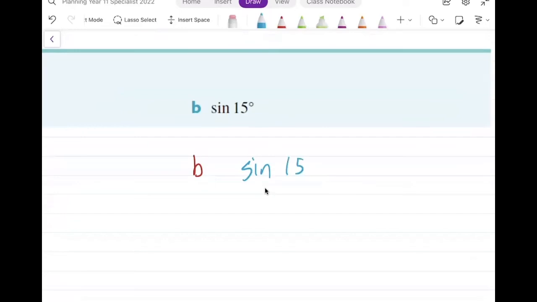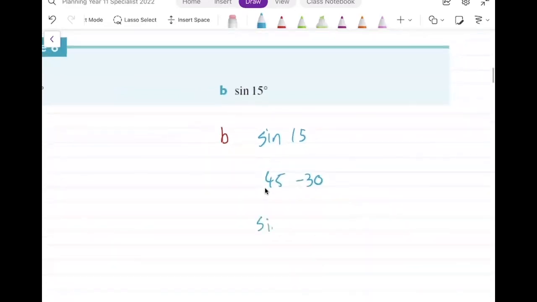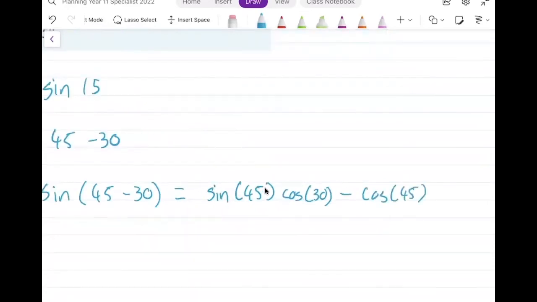And again, I'm thinking of what two of my values I can subtract to get to 15. Some of you might think that's going to be 45 minus 30, which would be the correct answer. So this is going to become sine of 45 minus 30, which equals sine 45 times cos 30 minus cos 45 times sine 30.